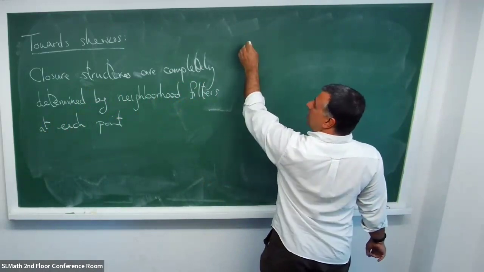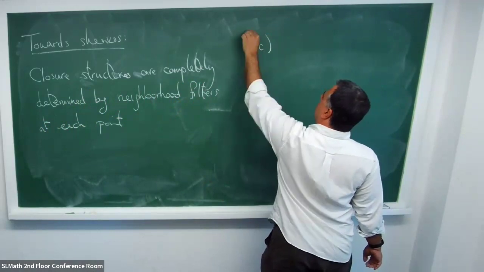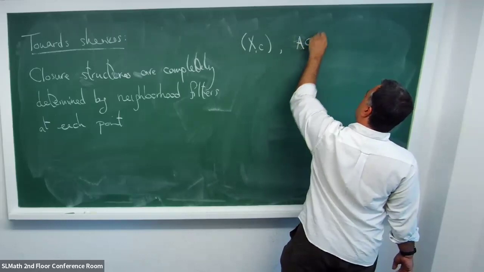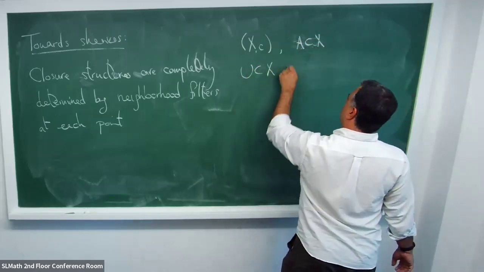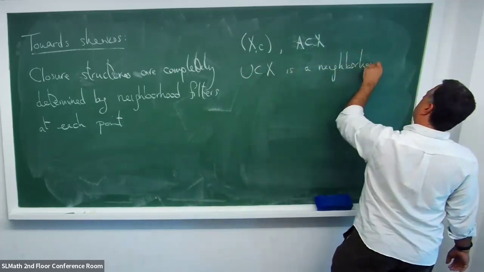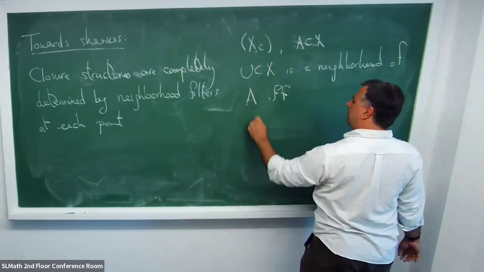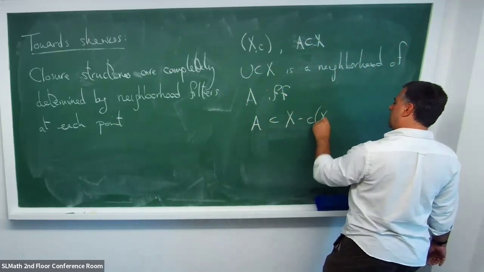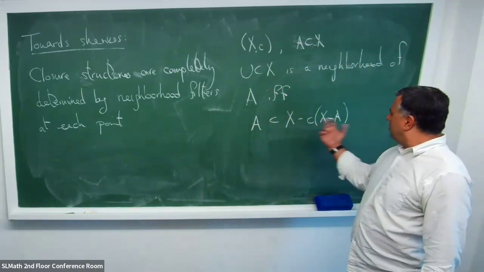So I have a closure space X, and a set A. Another set is a neighborhood of A if A is a subset of X minus the closure of X minus the set, the complement. So it's the complement of the closure of the complement.